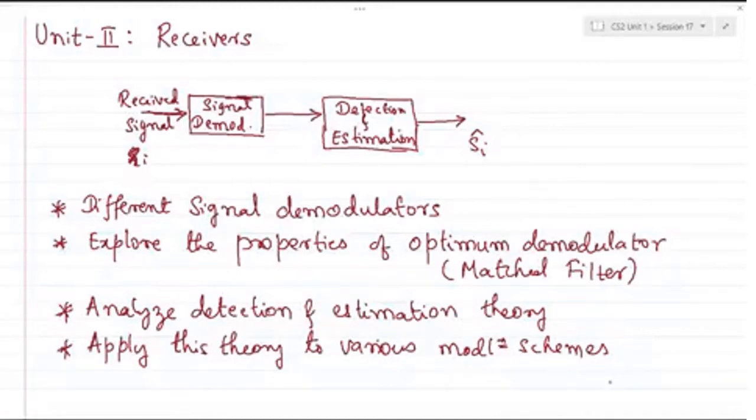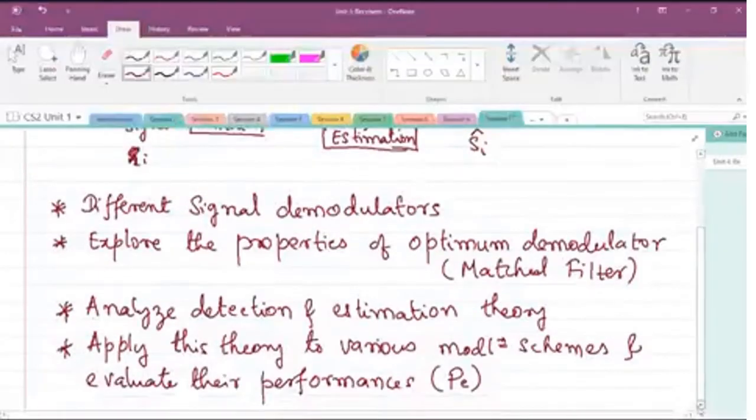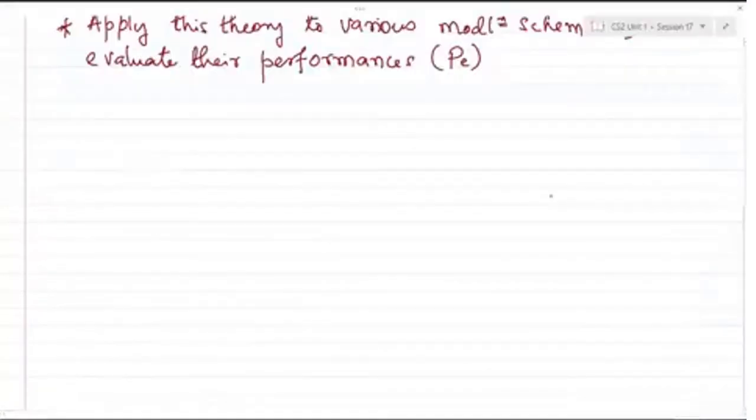But we will also include one more memory-based modulation, DPSK, differential phase shift keying, covering both its transmitter and receiver parts together and analyzing them. And of course, application alone will not help, so we will also evaluate their performance with respect to bit error rate, in particular the probability of error. So that would be the highlight of this Unit 2.